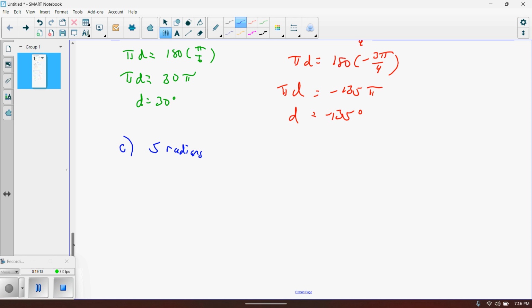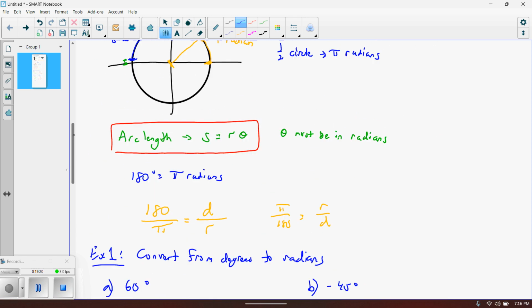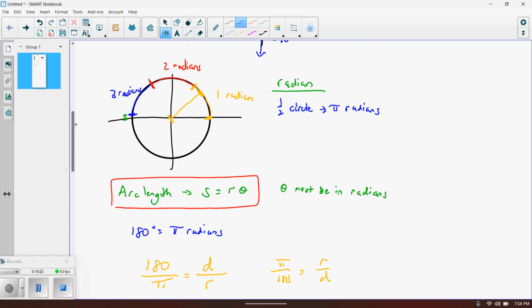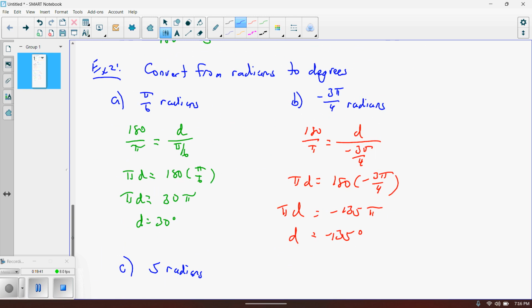If we go all the way back up to our little diagram here, notice that that's 1 radian. It doesn't have pi in it. That's 2 radians. It doesn't have pi in it. That's 3 radians. A radian does not have to have pi in it. Most commonly, the more common ones do, but it does not have to.